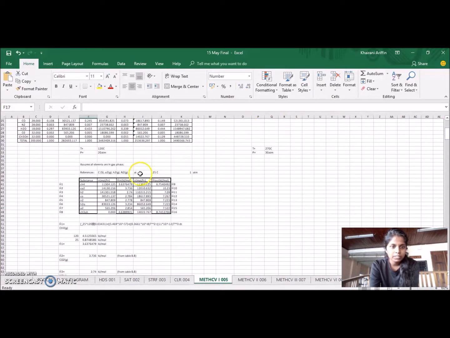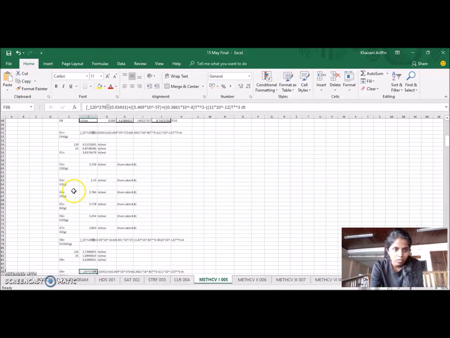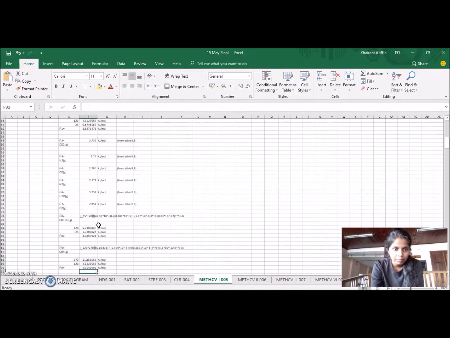So assume all elements are in gas phase, and the reference state is 25 degrees Celsius and 1 atm, and this is the table for it, and then this is the calculation, and this is the calculation for the energy balance for the enthalpy.